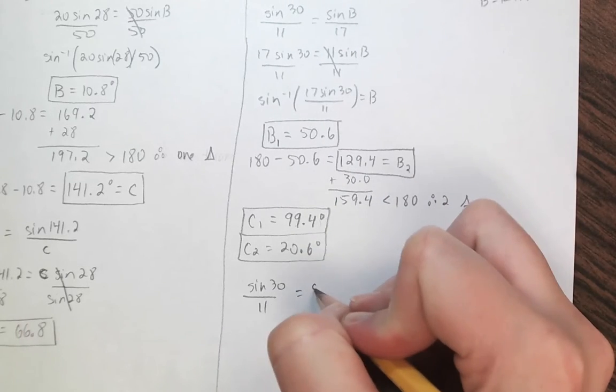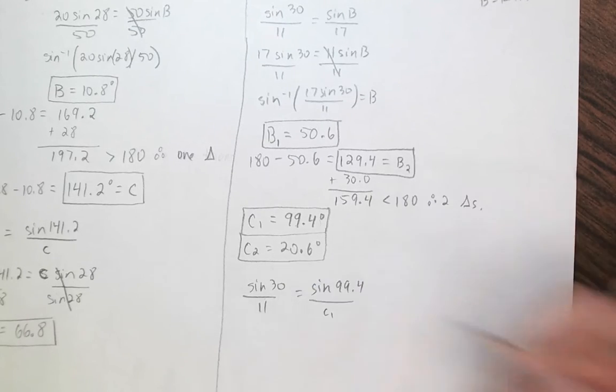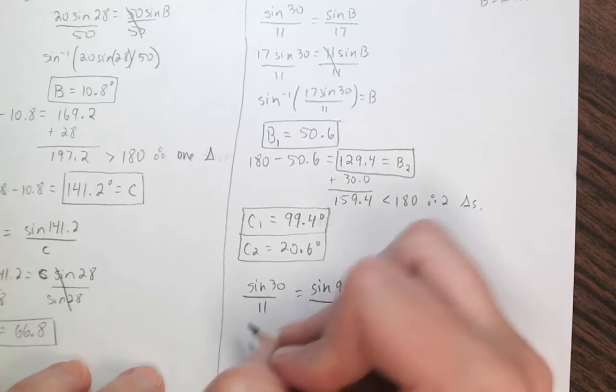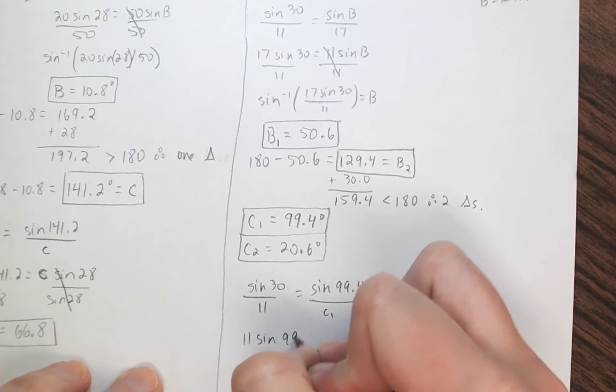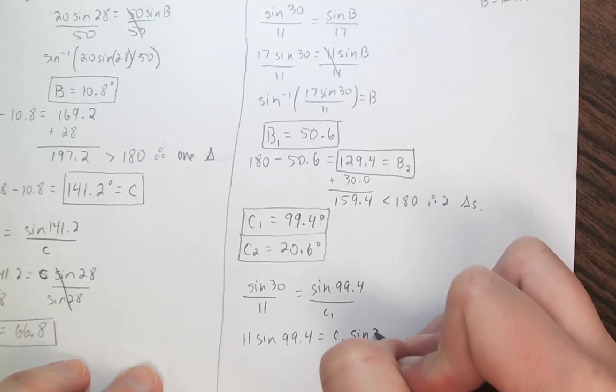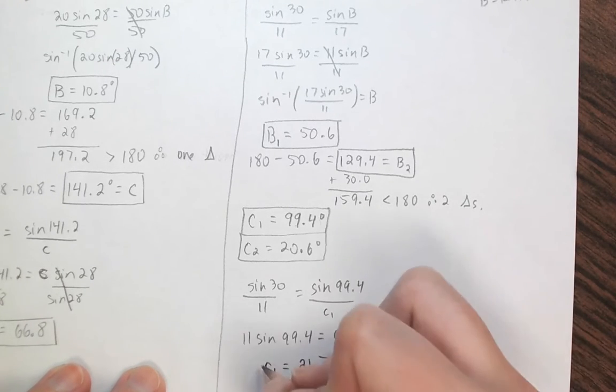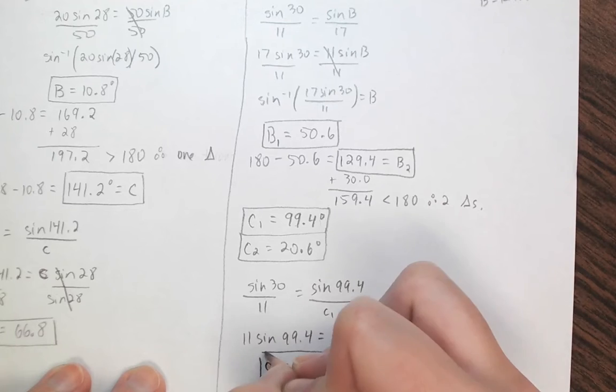So I'm going to say sine of 99.4 over side C1. And we're going to cross multiply, and I'll end up dividing. So to save a little bit of time here, I'll just tell you what that is. This is going to give us 21.7 for your first possible side C.